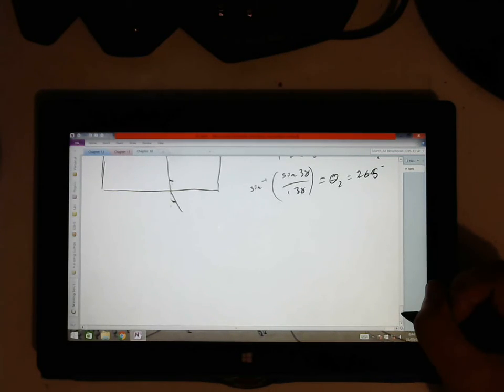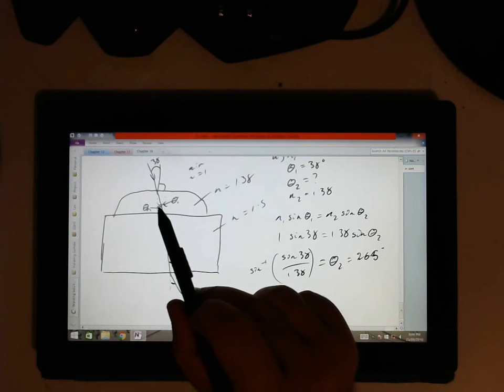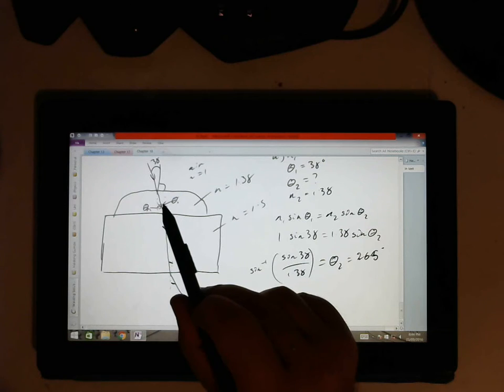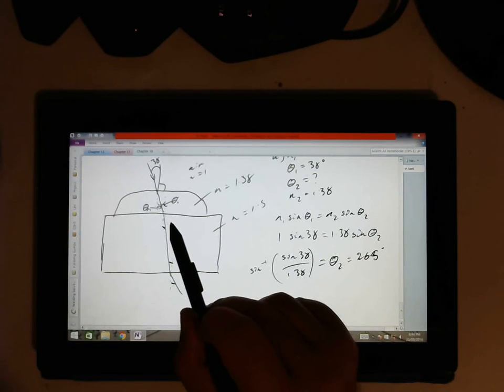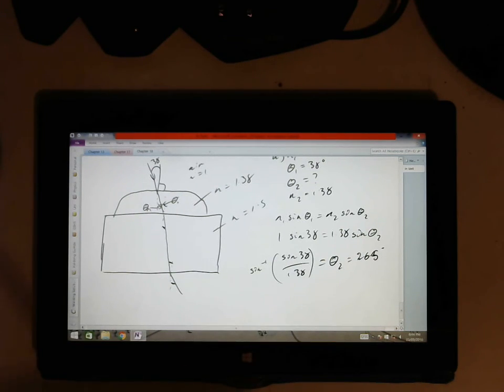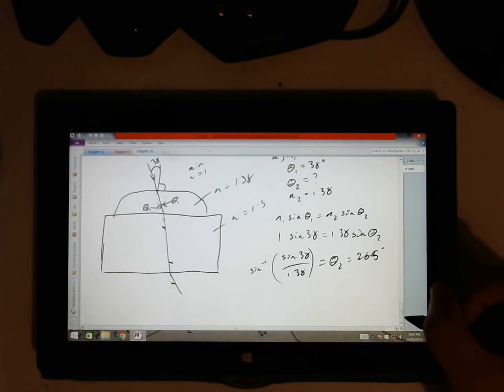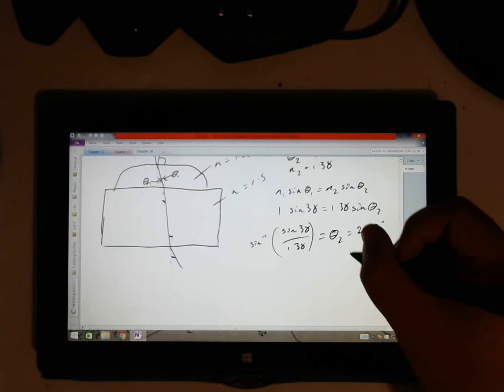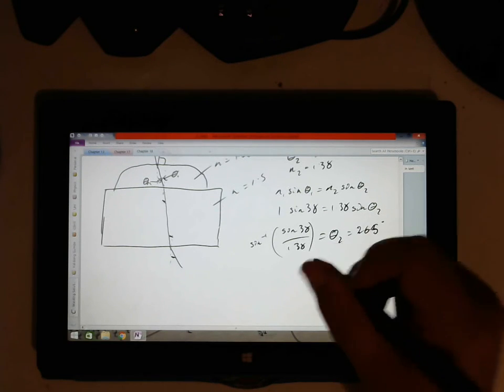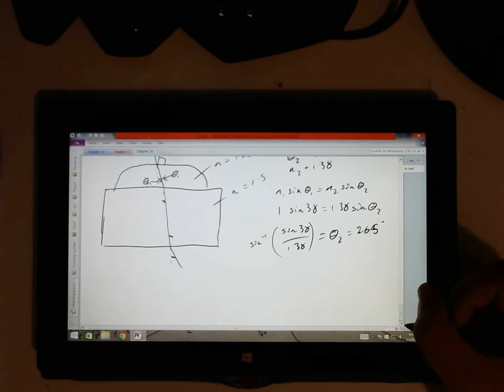So if this is 26.5 degrees here, this incident angle going from the water into the perspex, or glass, whatever it is, yeah, glass, will also be that same angle. This refracted ray becomes the next incident ray.